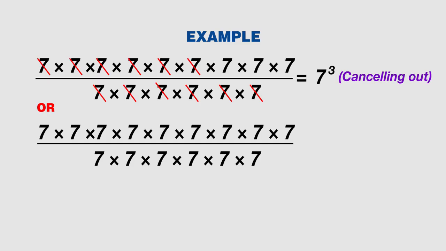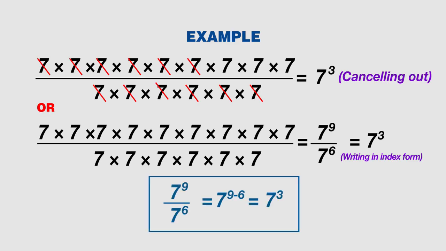Now, in index form, we are going to get 7 raised to the power 9 divided by 7 raised to the power 6. And these two are supposed to be the same. That tells us that the answer to that question should be 7 raised to the power 3. So once again, use the short form, which is the law we are talking about. You take the base and subtract your powers to get your answer.